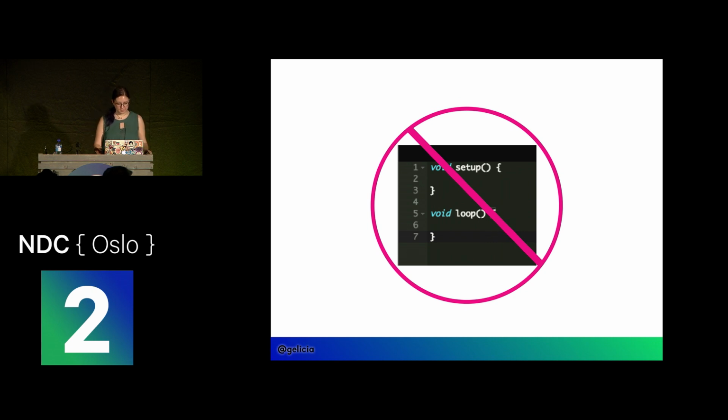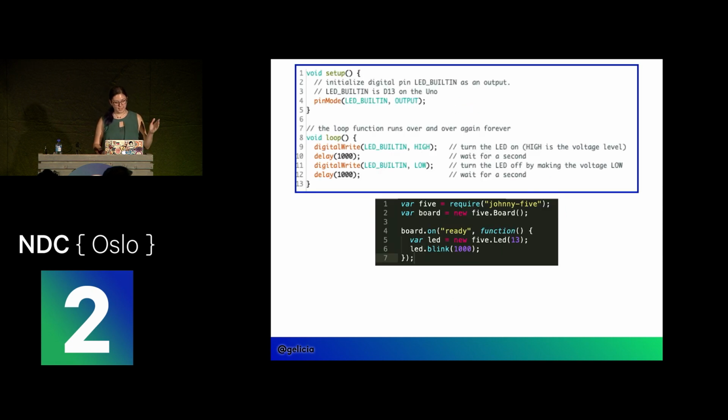That's all just with C and Arduino stuff. And for your blink function, instead of setup and loop, you require the Johnny-Five library or the Cylon library or whatever library you're using for this. You instantiate the board with that library, and there's this onReady, and the library for LED has a blink command, so you don't have to do the loop. It just will do the loop for you.